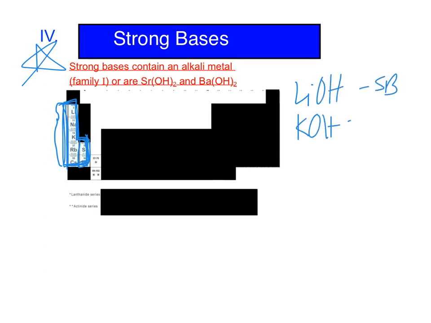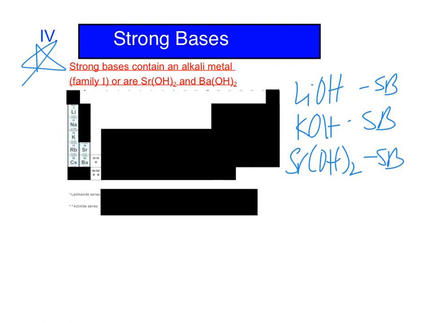Potassium hydroxide is a strong base because those are alkali metals. Strontium hydroxide is a strong base because it's in that little B. This is a little bit of a stretch, but let me erase this. Strontium and barium, doesn't that almost say strong base? Like if you kind of fill in some letters. So barium hydroxide is a strong base.